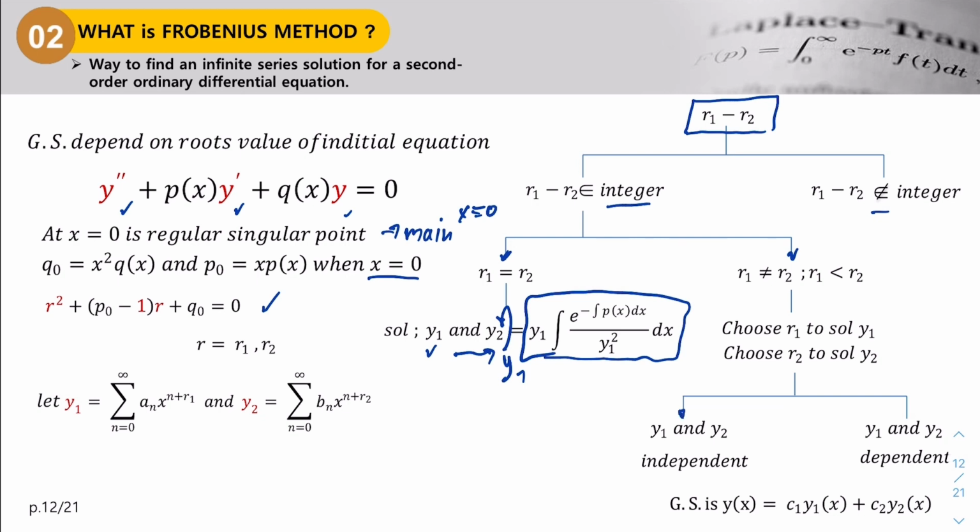The answer has two cases: one is y1 and y2 independent, and the other is y1 and y2 dependent. Okay, after that we substitute y1 and y2 into the general solution, y(x) equals c1 y1 plus c2 y2.